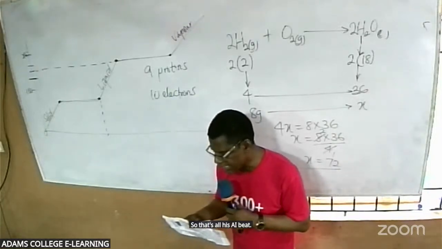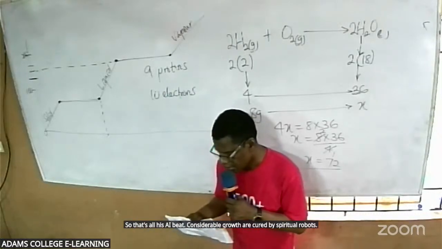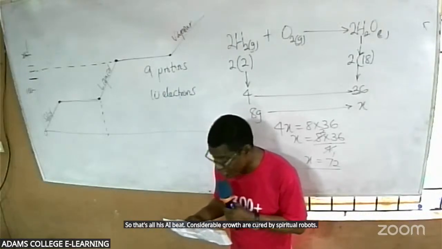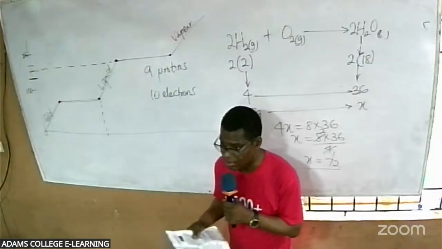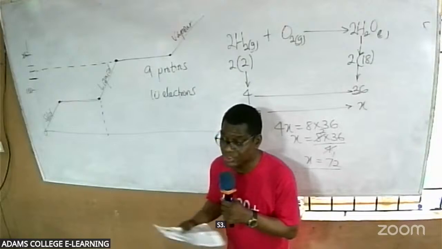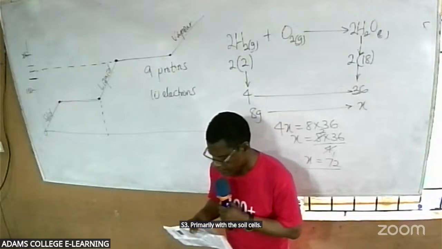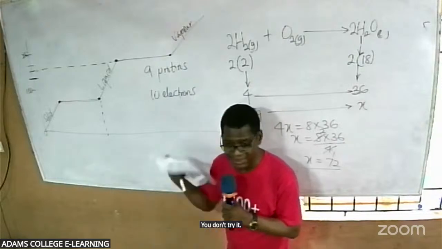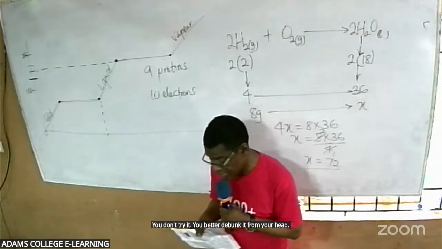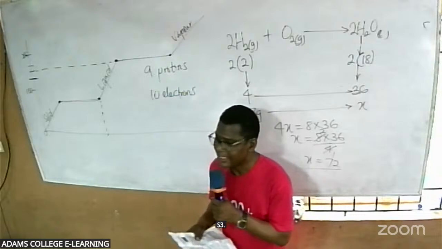Cancerous growths are cured by exposure to what? Gamma ray or X-ray. If they taught you chemistry, that is wrong. Gamma ray will destroy your cells and your tissue. Don't try it. If you talk like that, you better debunk it from your head. It is X-ray, and the X-ray is not ordinary X-ray.